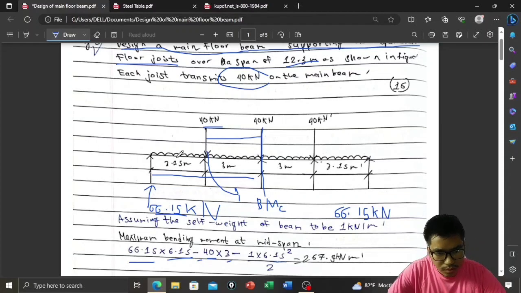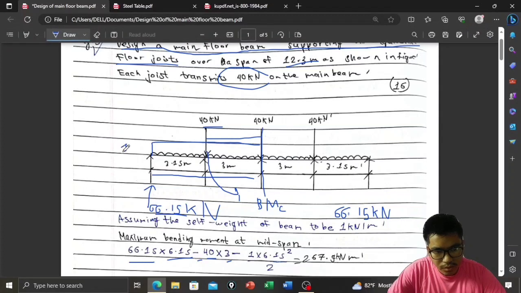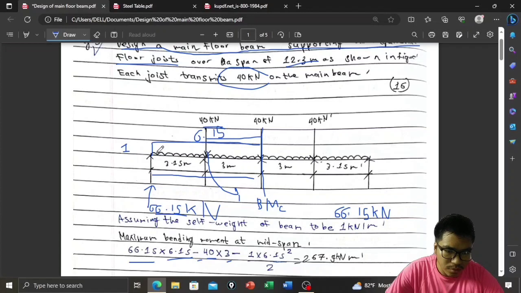Now this is 1 kilonewton per meter, it is UDL. This distance is 3 plus 3.15, that is 6.15. So the load will be 1 multiplied by 6.15.